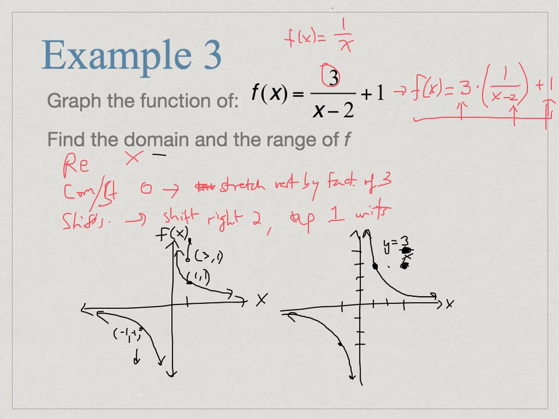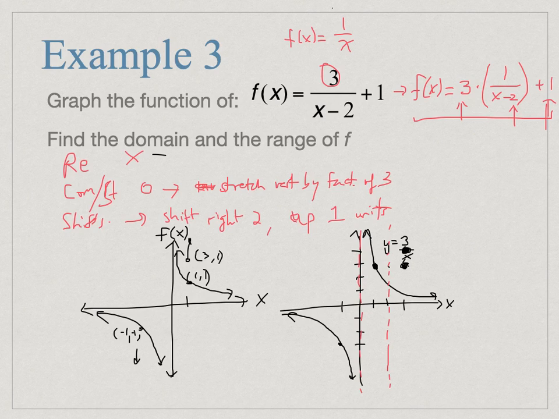A good way to do this when you're doing these types of graphs is actually to look at the asymptotes, because we have two asymptotes. This is my original asymptote. I'm going to shift it over to the right 2 units.